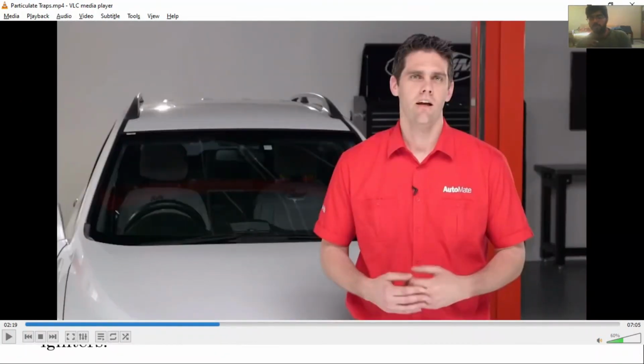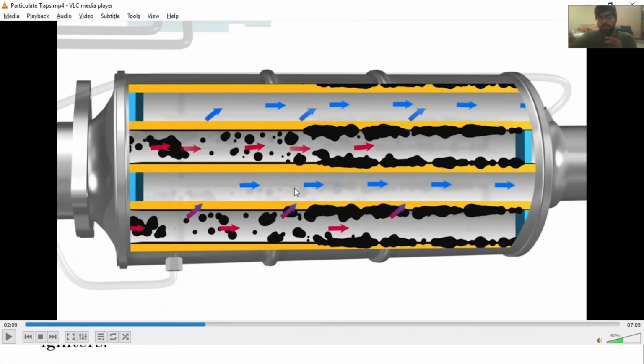Now as you can see here, these particulates have started to clog these filters, and when we have a large amount of clogging here, we will have a restriction in the flow of the exhaust gases, which will be indicated by the pressure differential sensor.